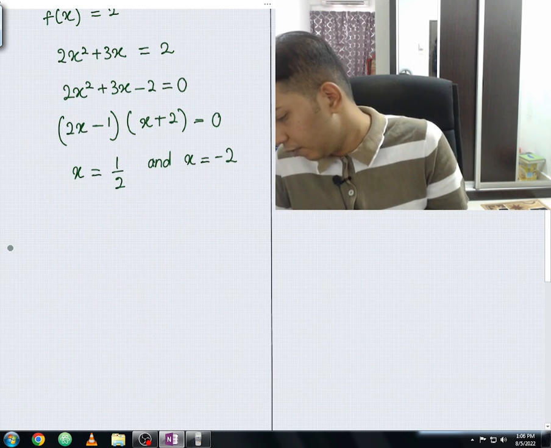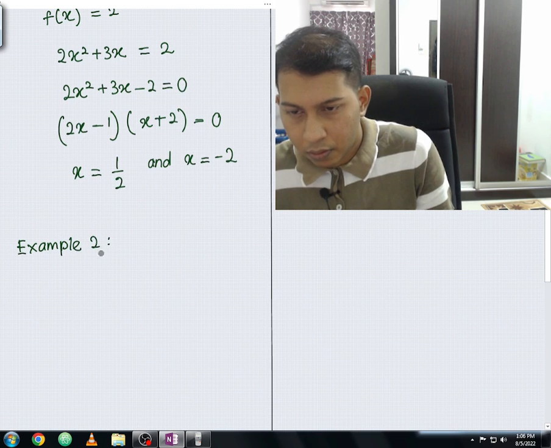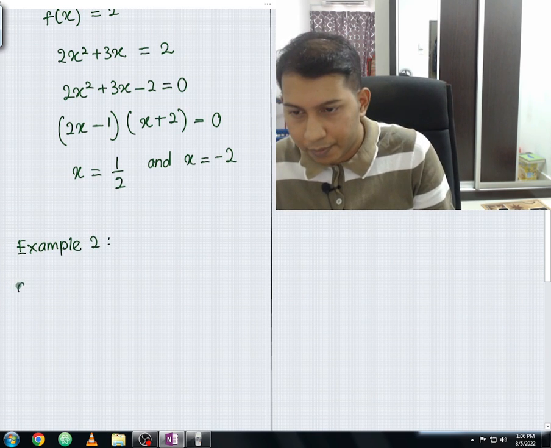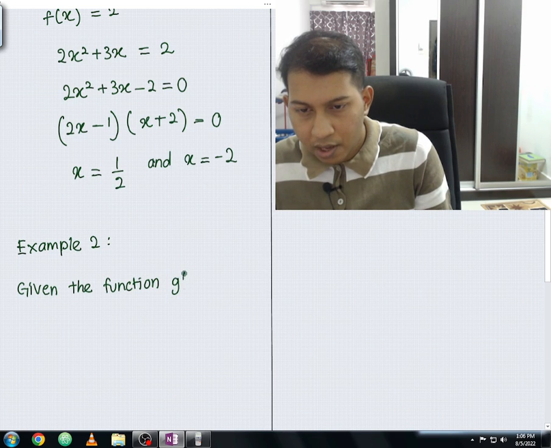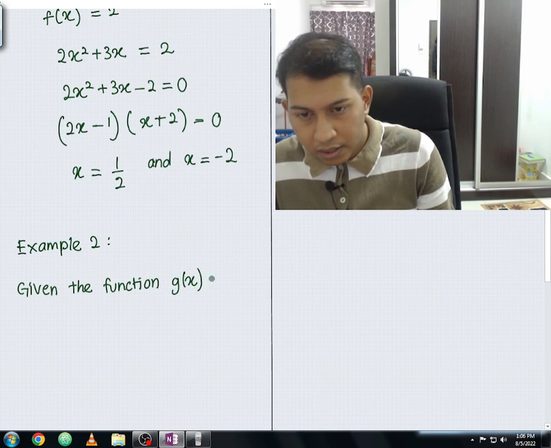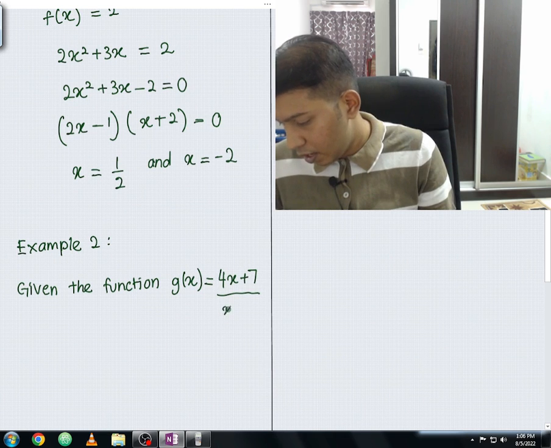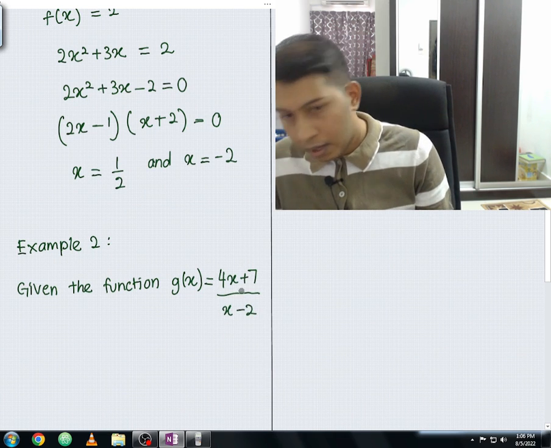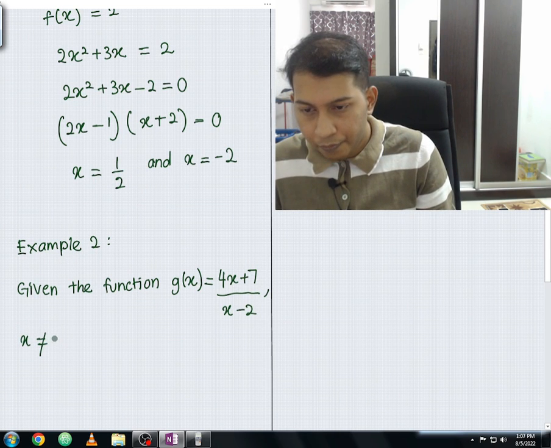So let us go for example 2. Given the function g(x) is equal to 4x plus 7, divided by x minus 2, and they give the condition that your x cannot be equal to 2.